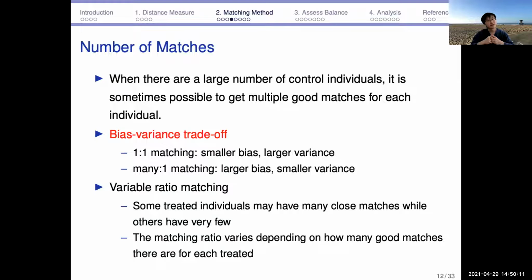So let me see if I get your thoughts. You're saying that if we do many-to-one matching, then some of the controls will be used up for the earlier X's, so that for the later ones you will have a poorer match. Or maybe I misunderstood. Sorry, maybe I didn't make it clear.